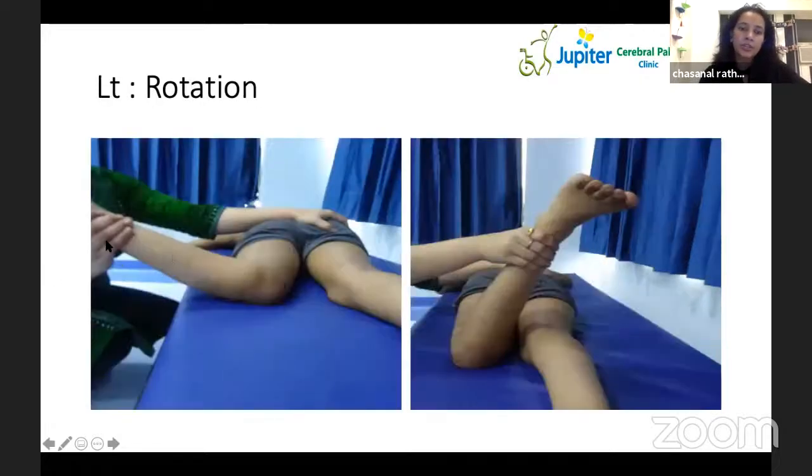The internal rotation is much more increased, and the external rotation is decreased. Many of the kids who sit W sitting, or in other countries which don't have a cross leg sitting pattern like us, most of them could have an increased internal rotation. What is important is that along with the increased internal rotation, there has to be a decrease in external rotation.